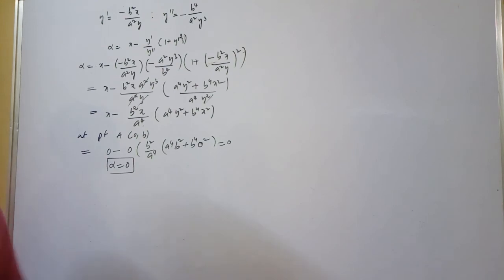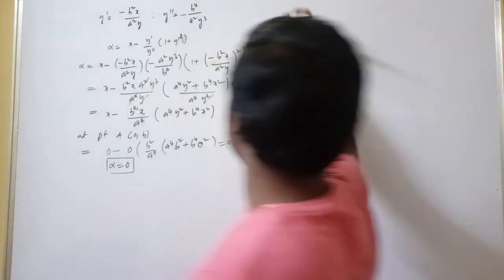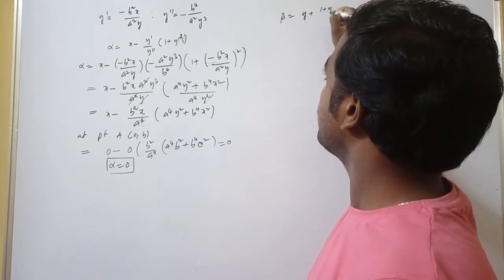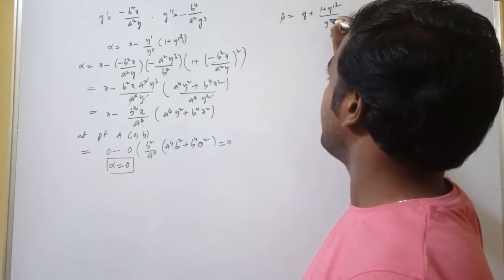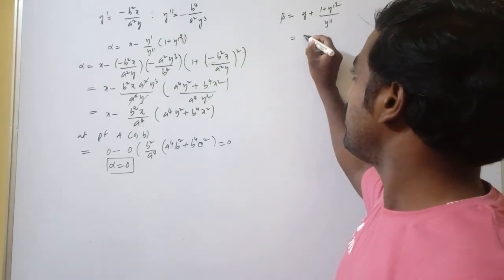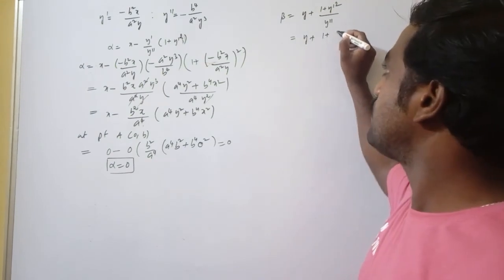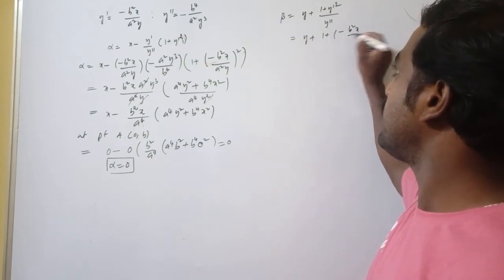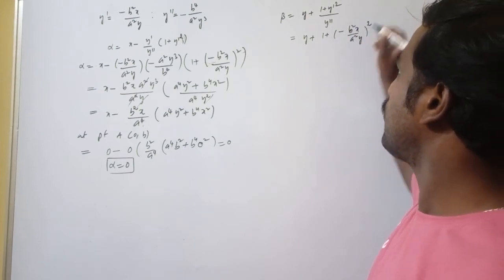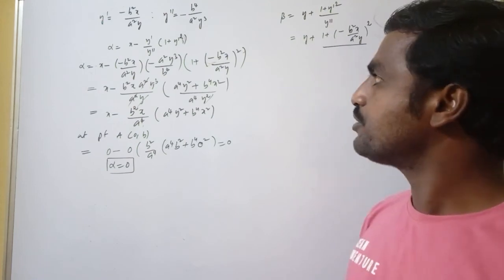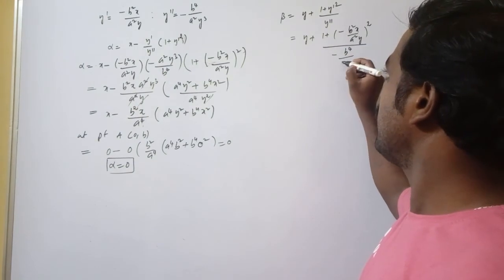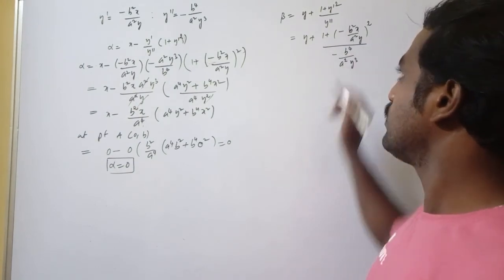Next determine the beta value. So beta is equal to, what is the formula? y plus 1 plus y dash square by y double dash is the formula. Substitute those values, which is equal to y plus 1 plus y dash value, minus b square x by a square y, whole power 2, by the y double dash value, the second order derivative, which is the term minus b power 4 by a power 2 into y power 3.